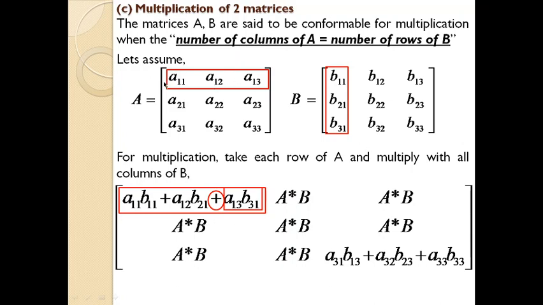We have done the multiplication of A11 into B11 plus A12 into B21 plus A13 into B31. By adding these three items, you will get the first element of the new matrix. Likewise, you need to find the remaining 8 items.